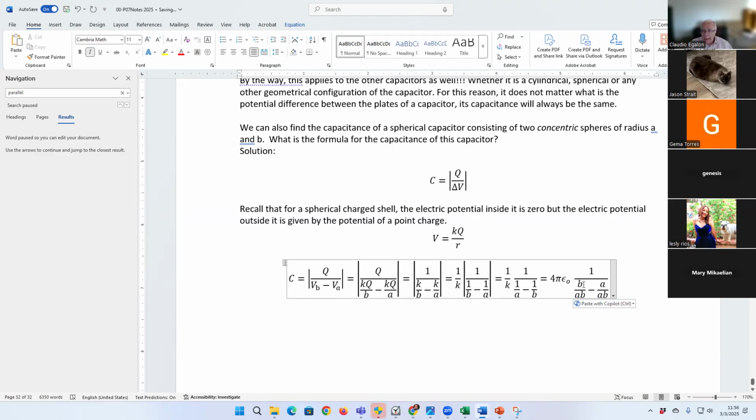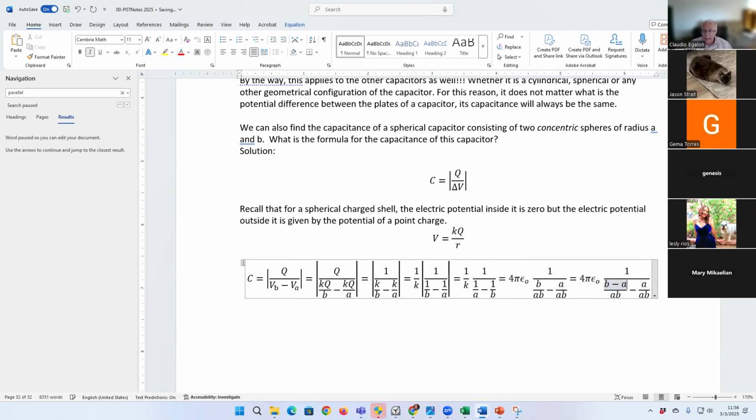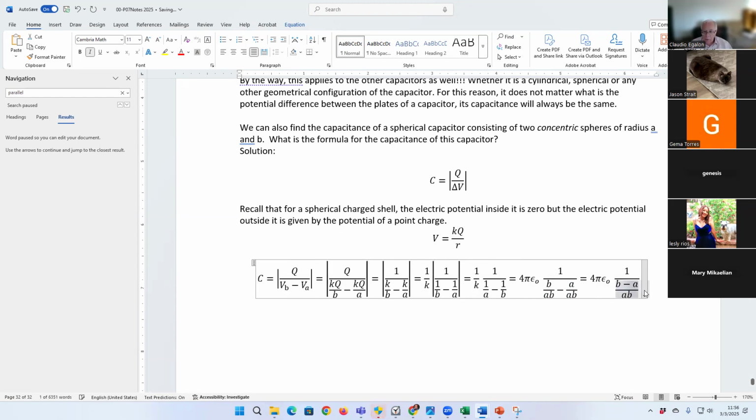And now we have the same denominator downstairs, B minus A. We place AB at the top, and just like before, we get that the capacitance of a capacitor is given only by its geometrical parameters. We found that out for the parallel plate capacitor, and we found that for the spherical shell capacitor as well.